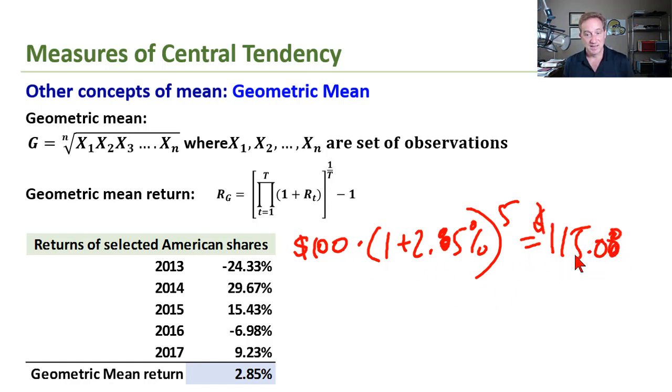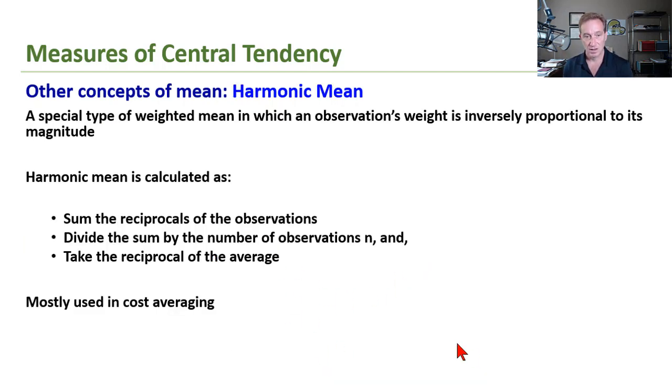And that is the same amount we would get if we just manually took the $100 and lost 24%, and then on that base gained 29%. So if we manually went through the gain, loss, gain, gain, loss, gain, we would end up with $115.08. And that's the same amount as if we just compounded the CAGR here, which is a geometric mean return.